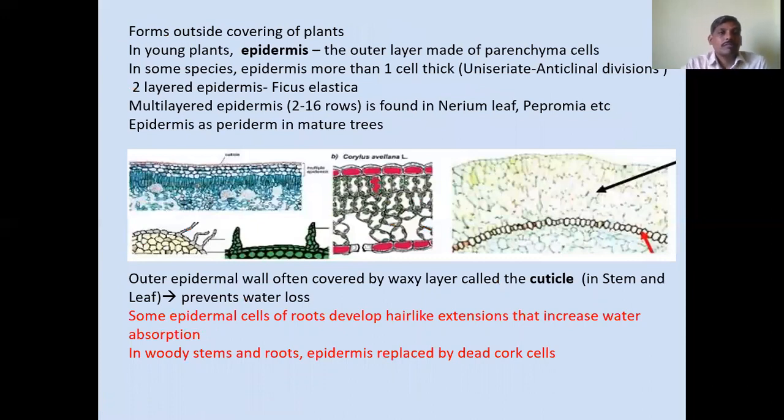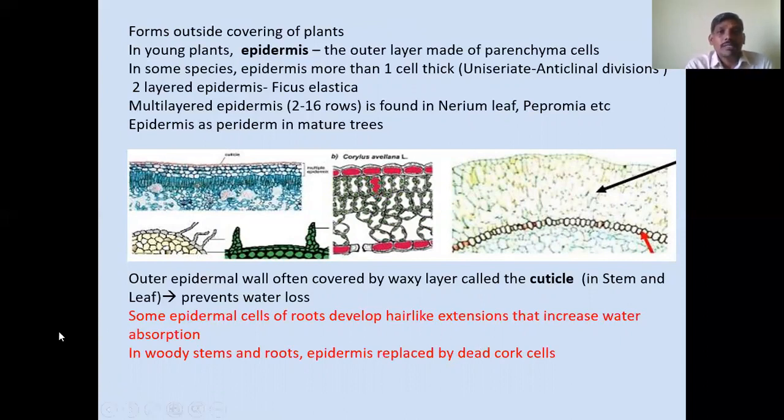So first we learn about the epidermis. Epidermis is always the outermost layer made up of parenchyma cells which are arranged side by side without intercellular spaces. Normally it is present in the root, stem as well as leaf.